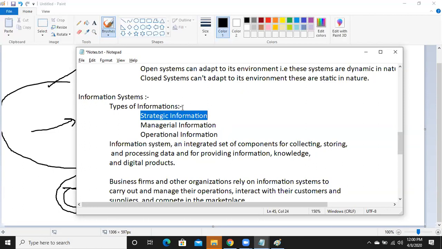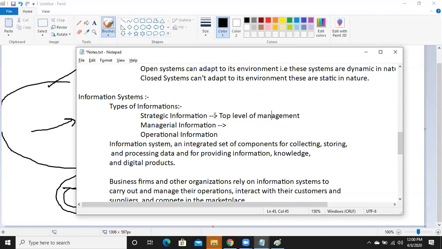Strategic information is the information needed by the topmost management, the top level of management. There is a hierarchy of management, right? The top level, middle level, and low level. So strategic information is for the top level management.